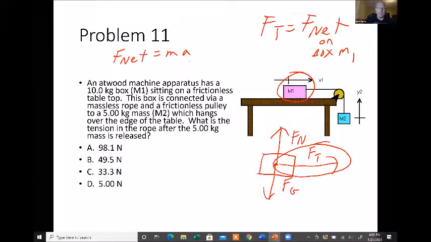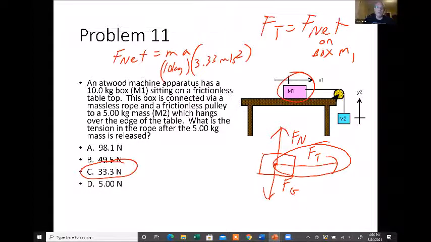F net equals ma. The mass of box M1 is 10 kilograms, and the acceleration of the box was 3.33 meters per second squared. Therefore the net force acting on that object is 33.3 newtons.